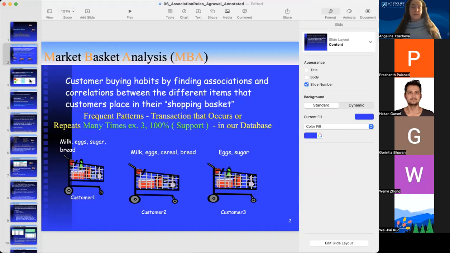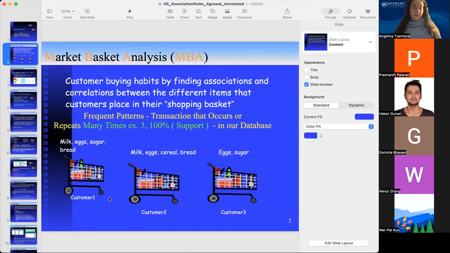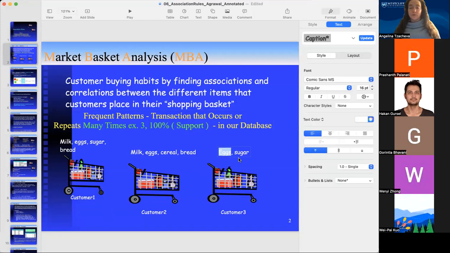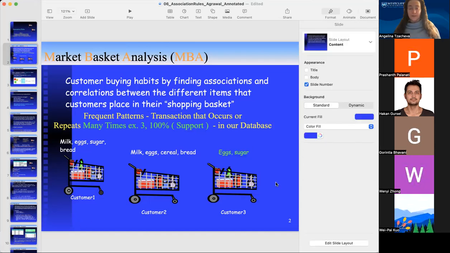Why would we care about something like this? So what do we get from knowing that people frequently purchase eggs and sugar together? Can anybody give an example of what we can do with this information? Why do we think that this information is important? Yes, you can feel free to speak up.